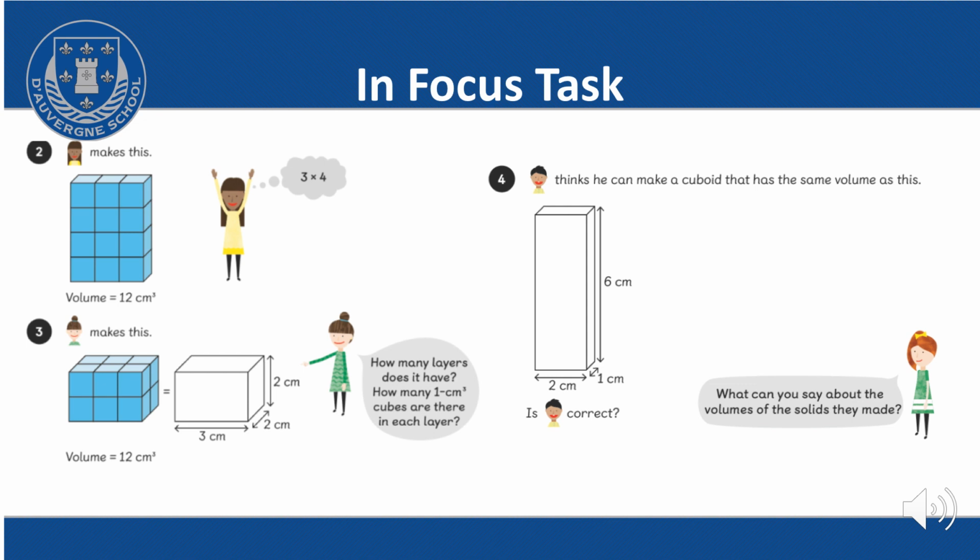And it says here, is he correct? So think about the formula we've just learnt. We've got a length of 1 centimetre, a width of 2 centimetres, and a height of 6 centimetres. 2 times 1 is 2, 2 times 6 is 12. 12 centimetres cubed. Ravi is therefore correct.